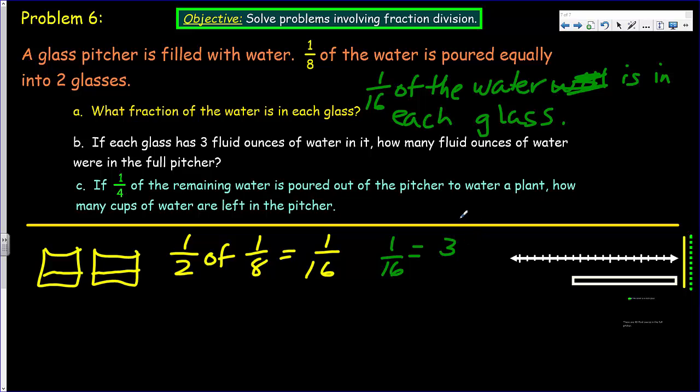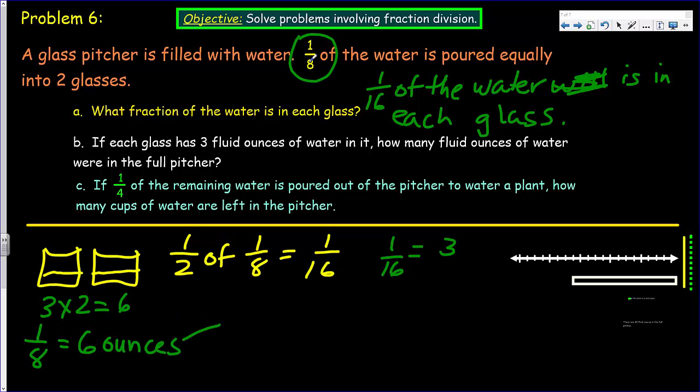See that? And that also means then, since there were 2 glasses, with the 2 glasses together, that 1/8, because we have 3 ounces times the 2 glasses, we end up with 6 ounces. And that means that in our unit here of 1/8, 1/8 of the water from that pitcher is equal to 6 ounces. Now, that's our 1 unit.